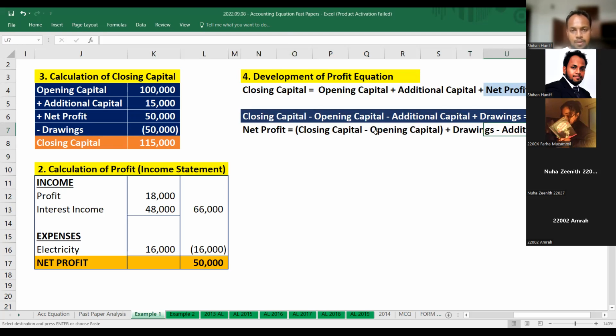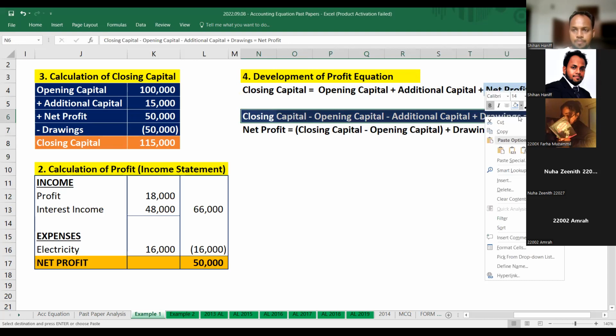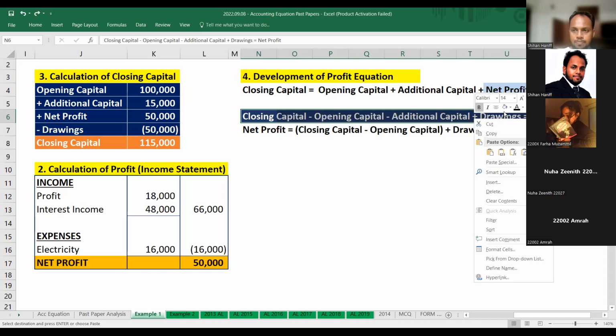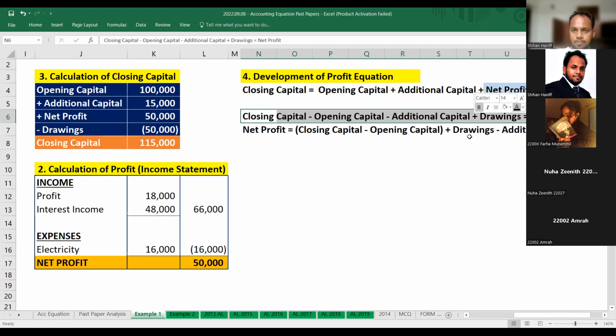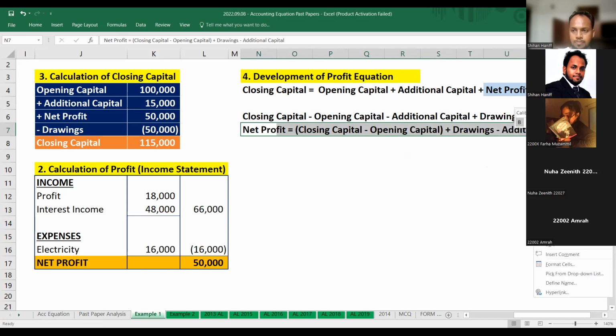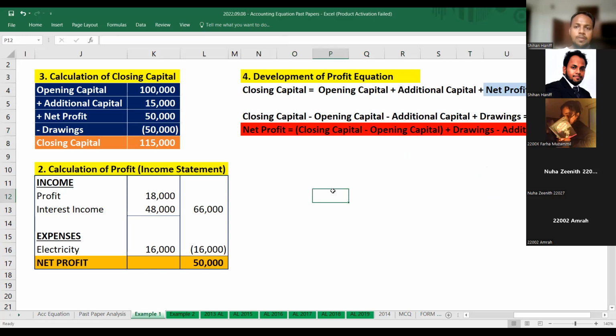This is the equation that we normally use to calculate the net profit using the capital.